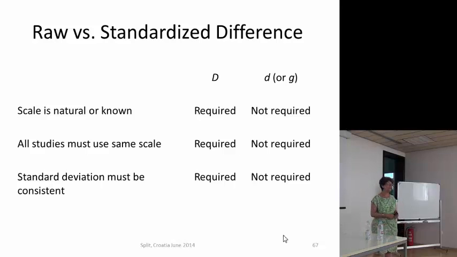The difference between D and G is that G adjusts D for small sample bias. And the only time that it really makes a difference whether you use D or G is when you're routinely dealing with sample sizes of 10 or fewer.